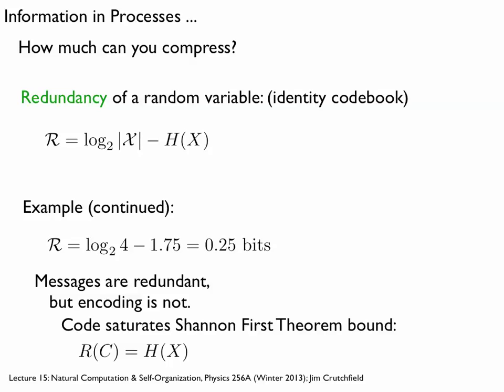So the difference between the size of the message alphabet, again, we take the logs here, so they're kind of comparable units, number of bits of the identity codebook versus this optimal indicated by Shannon's first theorem, gives us a measure of the redundancy in the original message source.